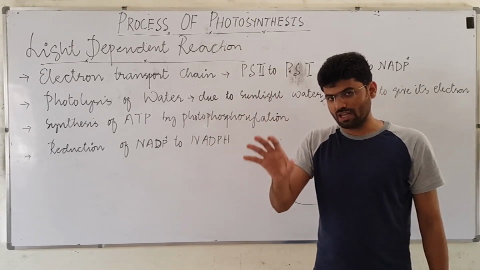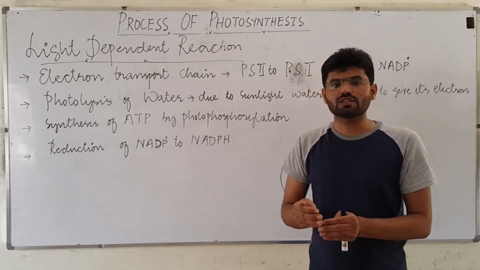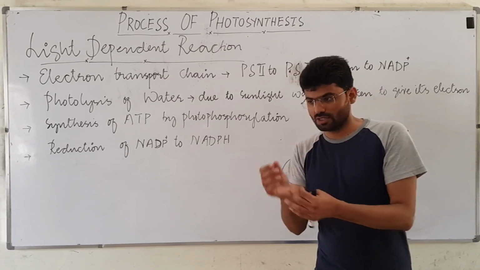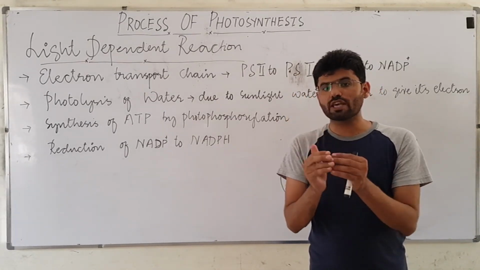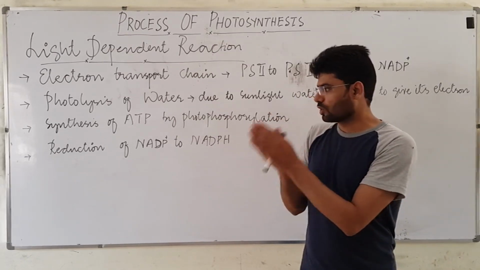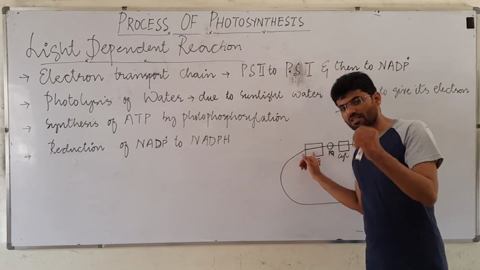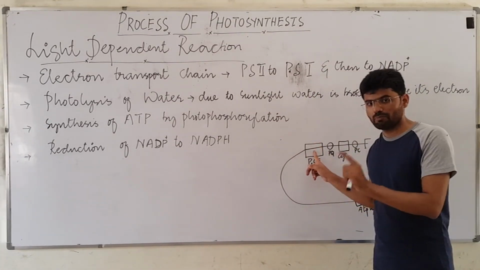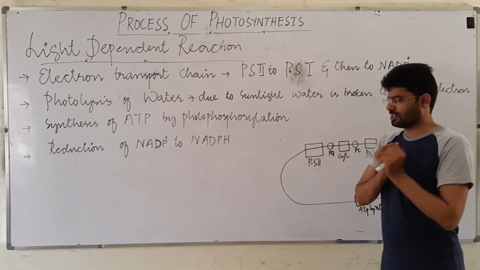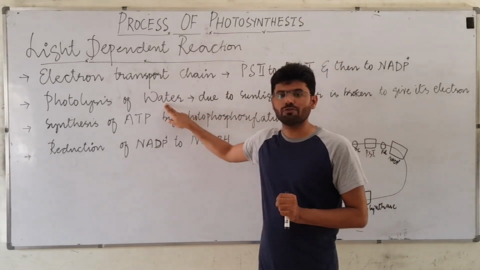So the water is breaking down to give oxygen and to give electrons. The basic purpose of breaking the water is to give electrons. Those electrons were given to the PS2 to compensate the electrons which it lost by the absorption of the sunlight. So that second thing is called photolysis of the water.